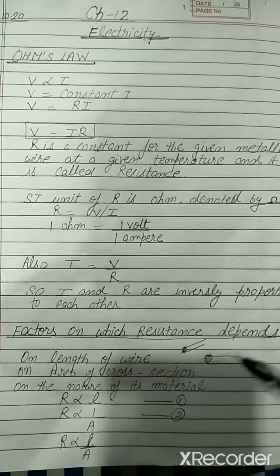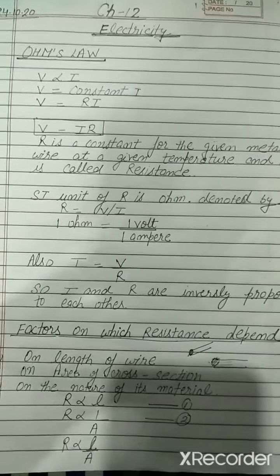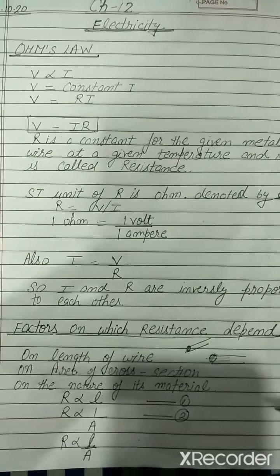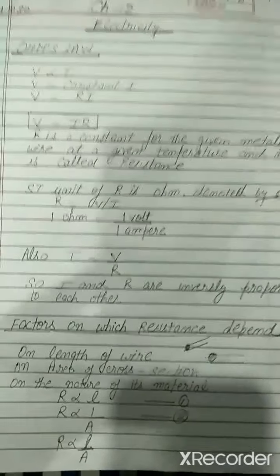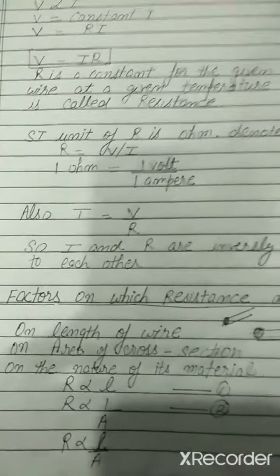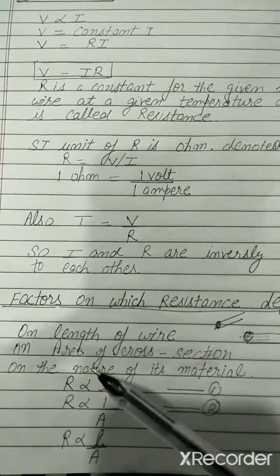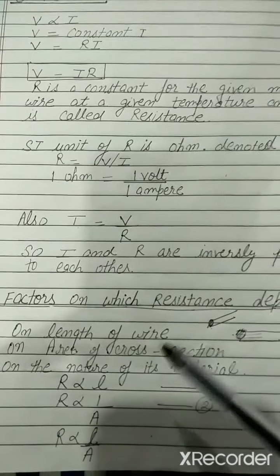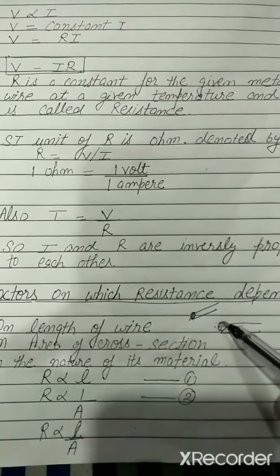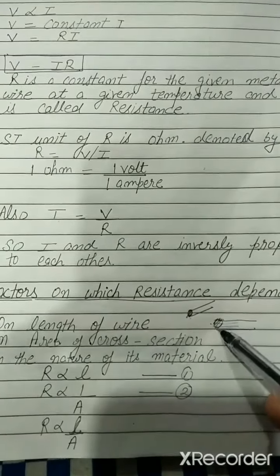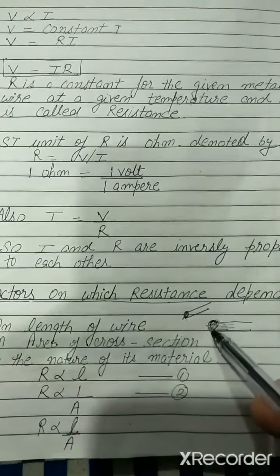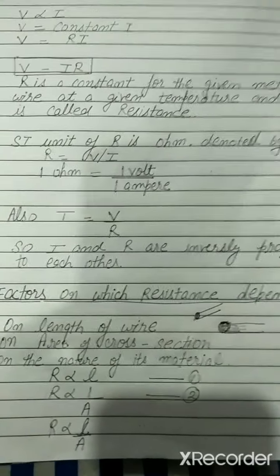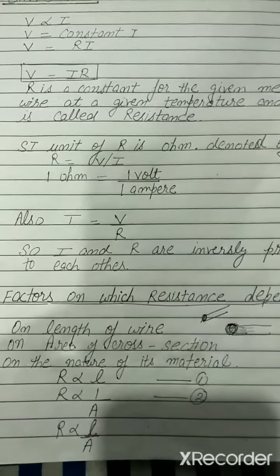Now, factors on which resistance depends. First is the length of the wire we are using. Another is the area of cross section. Area of cross section means the area through which electrons are flowing, like the cross sectional area of a pipe or wire.